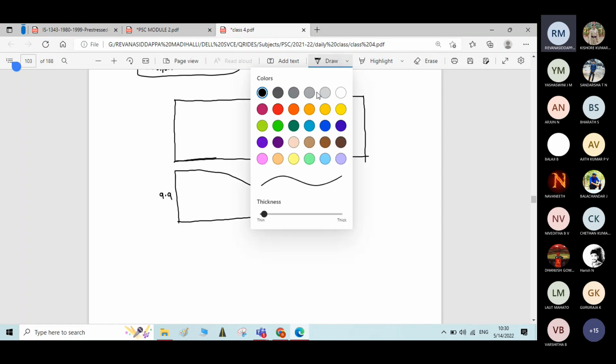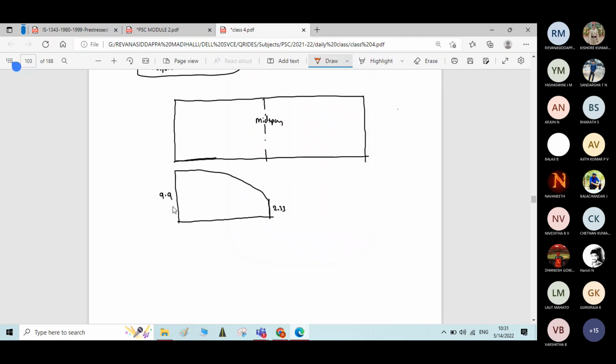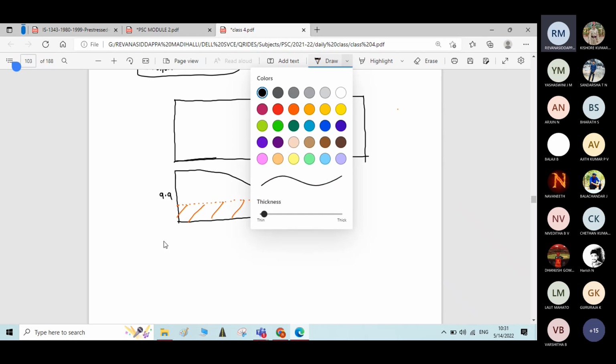To calculate the average stress, let me write the horizontal here. See, up to this point, the average stress is 2.33. Now what we have to do is calculate average stress for this parabolic portion. Let me write the calculation below.